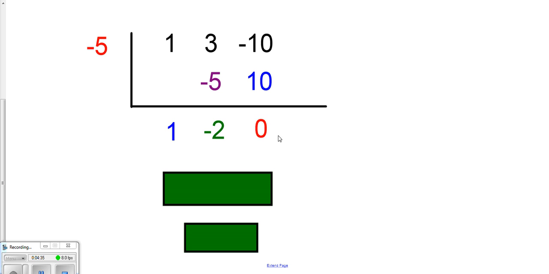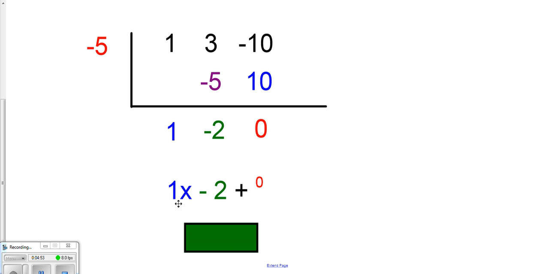So at this point, I know that my remainder is 0. Next number to the left, I know my constant is negative 2. Next number to the left, I know my degree 1 is 1. What that looks like then is I have 1 x to the first power, that was right here.